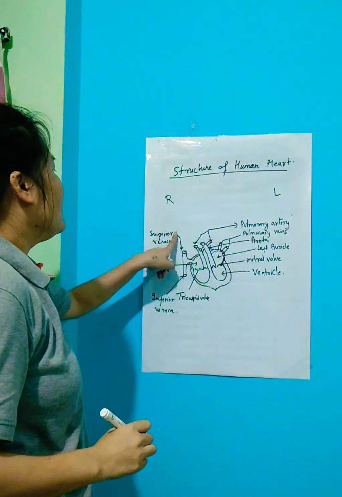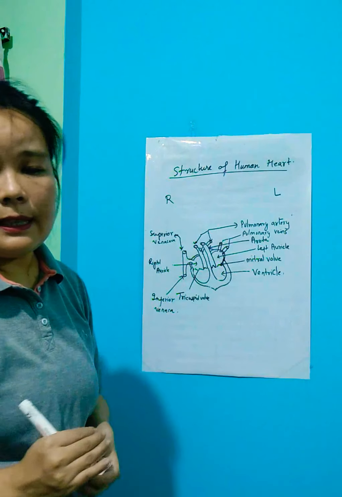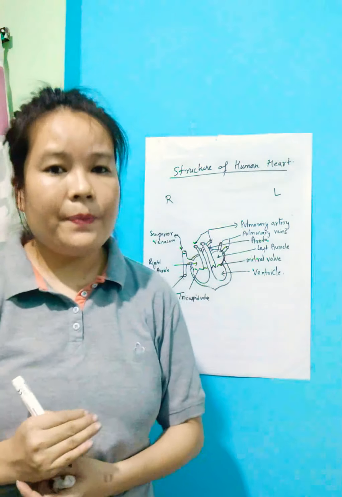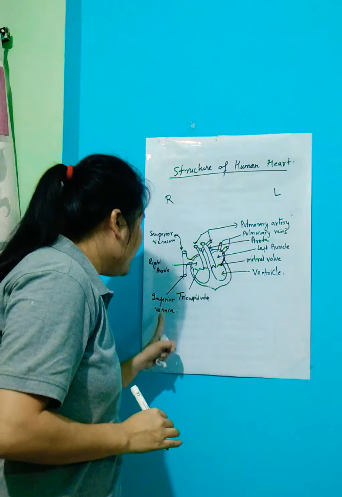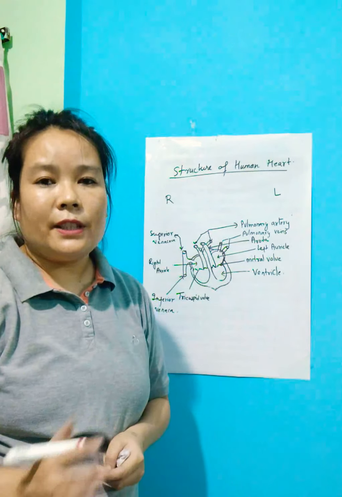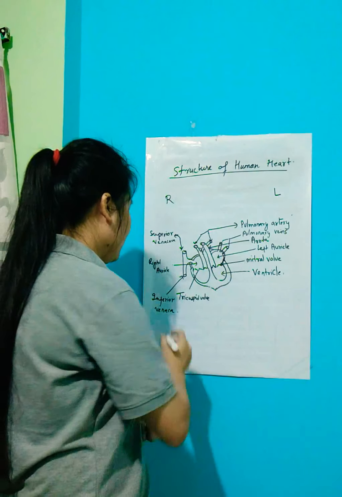The superior vena cava collects the deoxygenated blood from the upper part of the body, whereas the inferior vena cava collects the deoxygenated blood from the lower part of the body.